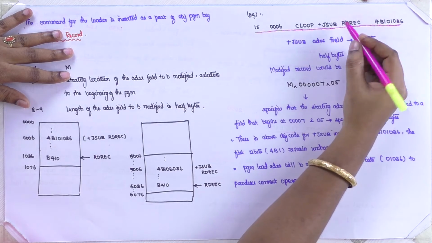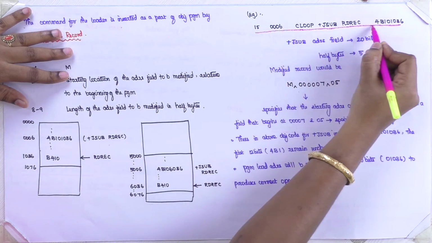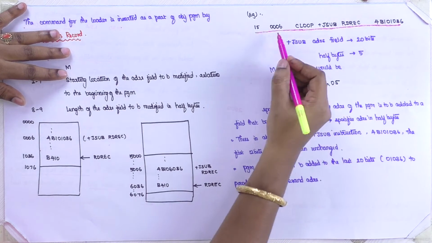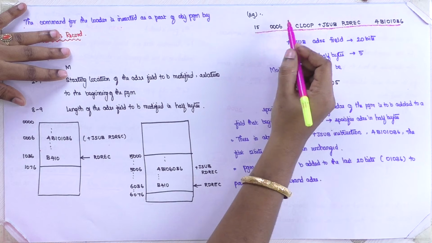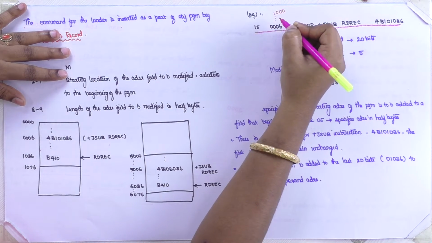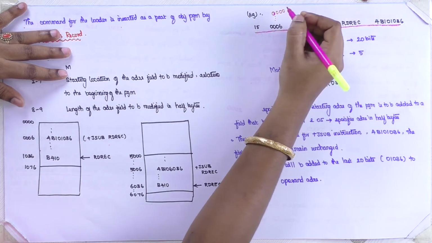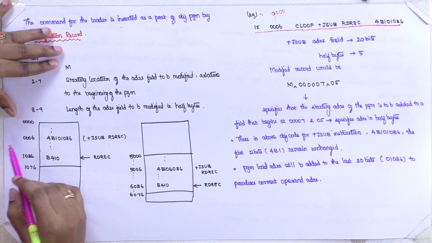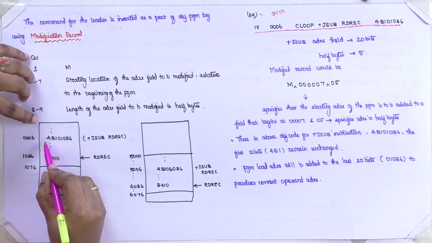This is an extended addressing format. So the starting address of our program is 0000, the starting location counter value.